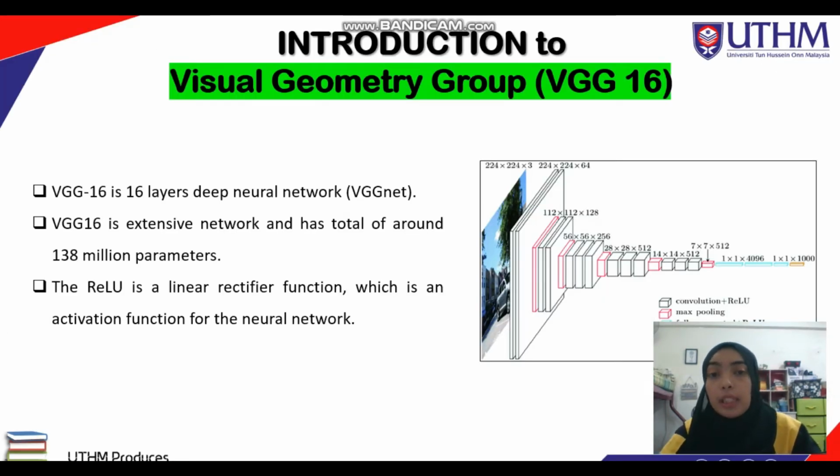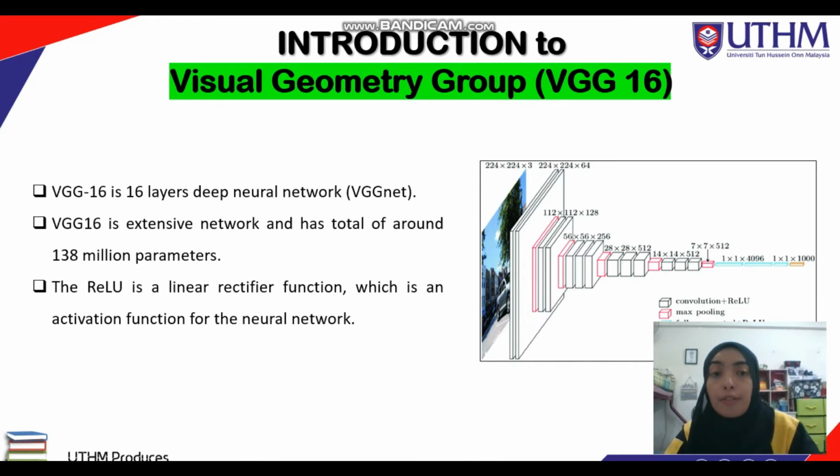Okay, VGG means Visual Geometry Group. The number 16 refers to it having 16 layers that have weights. VGG16 is also known as Oxford Net, and it has a total of around 138 million parameters.